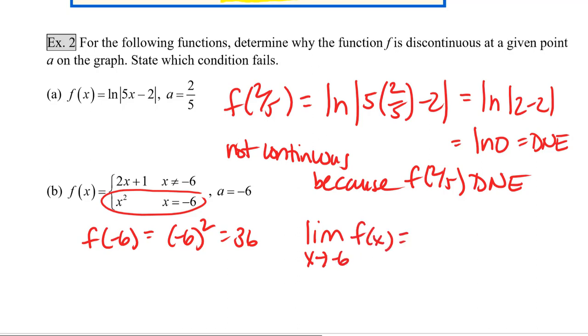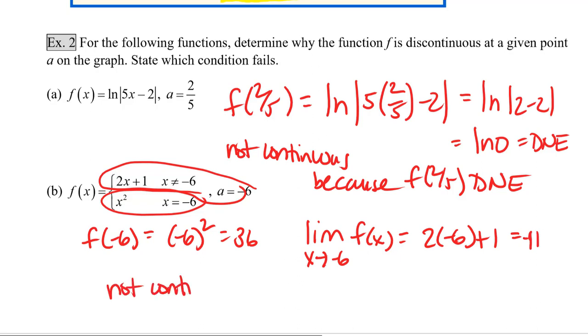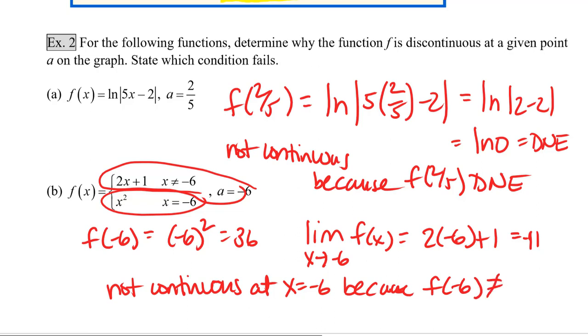Well, I'm going to get that by plugging -6 into the piece of the function that is for everything except for -6. And I get 2 times -6 plus 1, which is equal to -11. So this is not continuous at x equals -6, because f of -6 does not equal the limit as x approaches -6 of f of x.